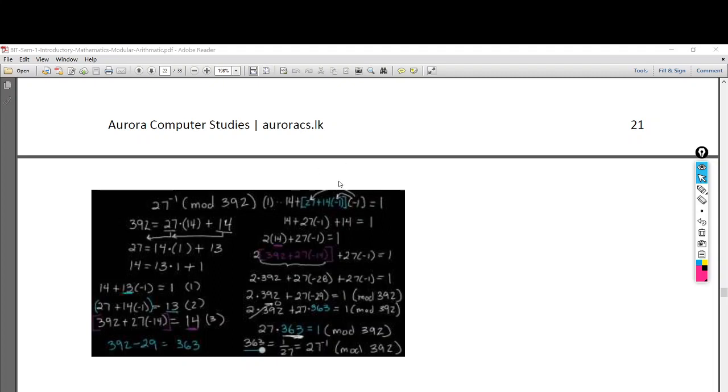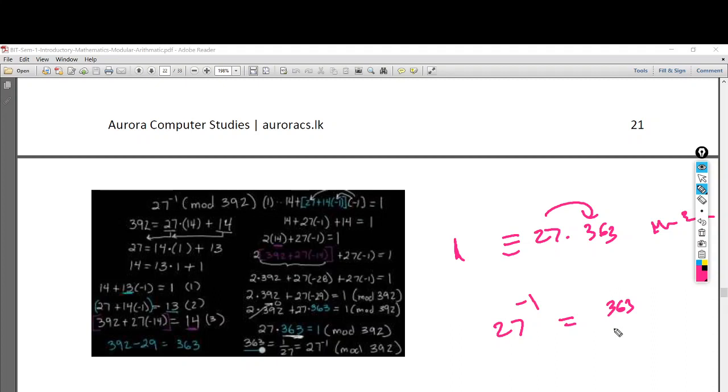Ultimately you will get something like 27 into 363 is equivalent to 1 in mod 392. So what we need is the 27th inverse. When it is multiplied by 363, we get 1. Therefore you can say 27 inverse in mod 392 is 363.